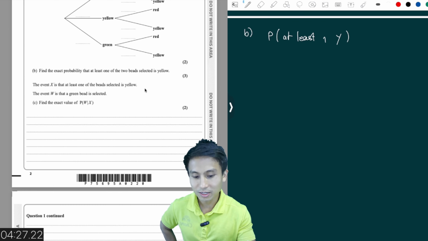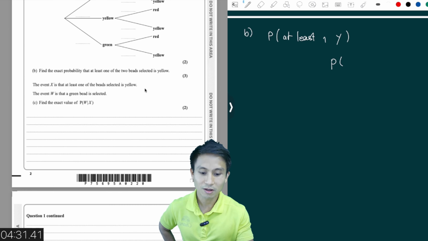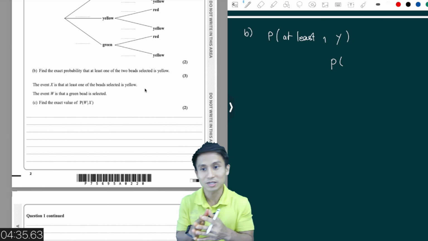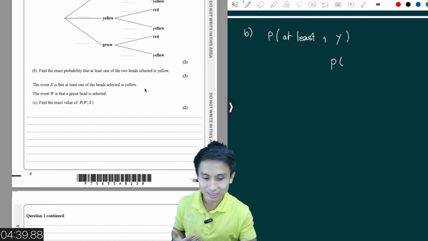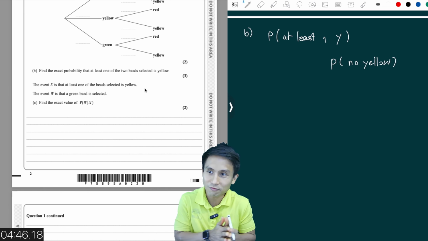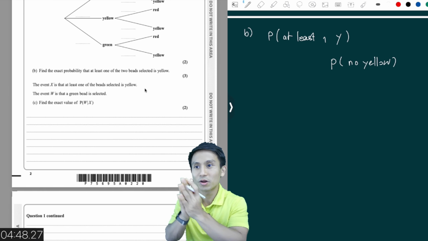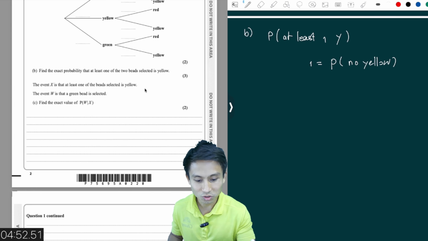That would be the opposite of P of no yellow, right? Because you want to get at least one yellow. It's either one yellow or two yellows. But the opposite of this is no yellow at all. We're not going to find the probability of no yellow directly, but we want to do 1 minus this probability. It's usually a smarter way.